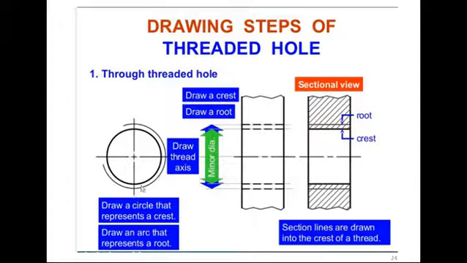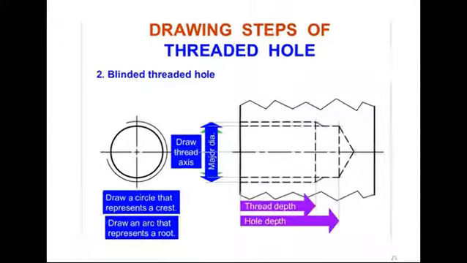When a half arc is shown outside, we understand that this is a threaded hole. That is the important thing. These are the conventional methods to show internal threaded holes and external threaded parts.